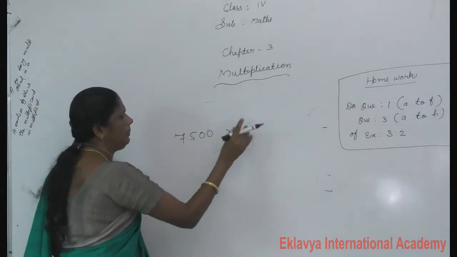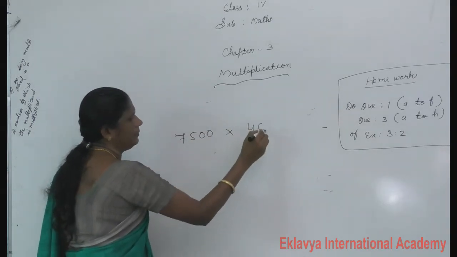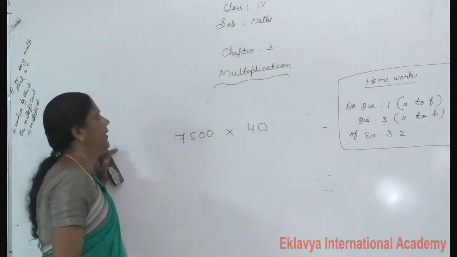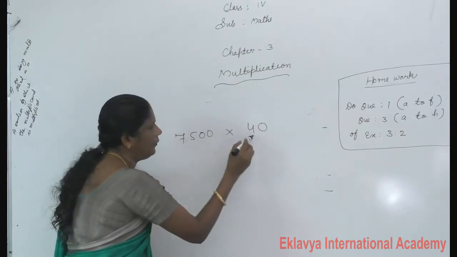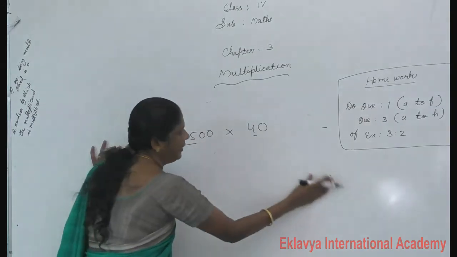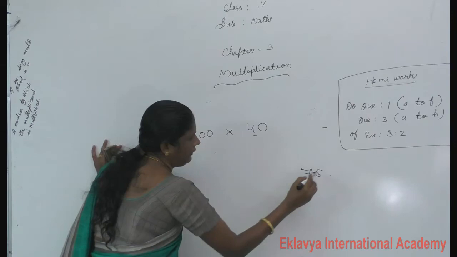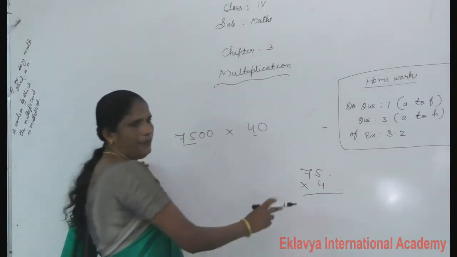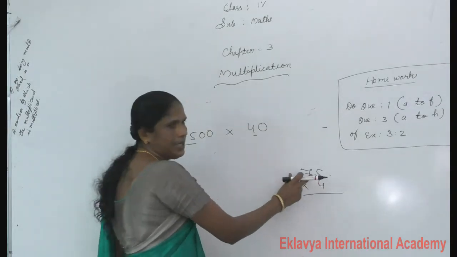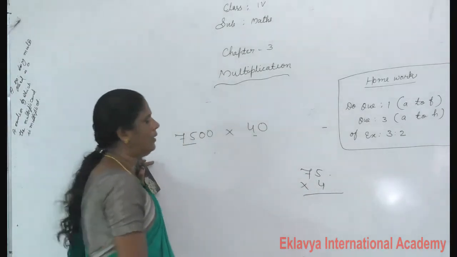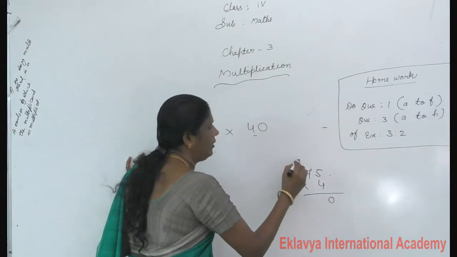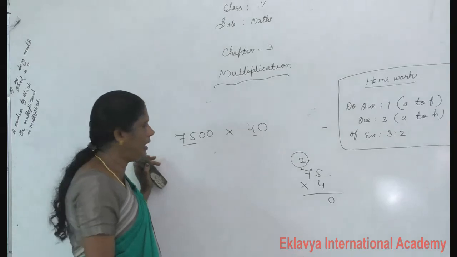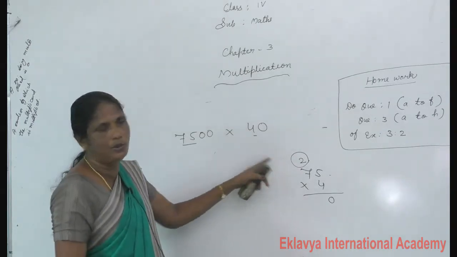One more. 7,500 multiply 40. Which numbers do you take? 75 and 4. 75 multiply by 4. First you multiply: 4 5s are 20, carrying 2. 4 7s are 28, 28 plus 2 is 30.